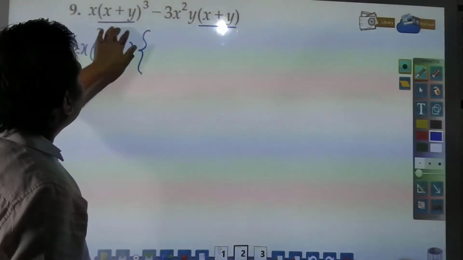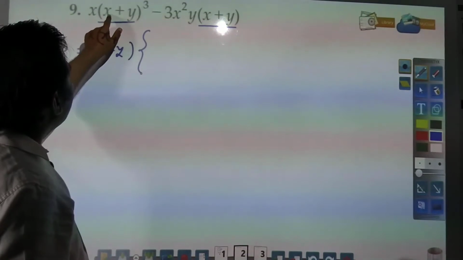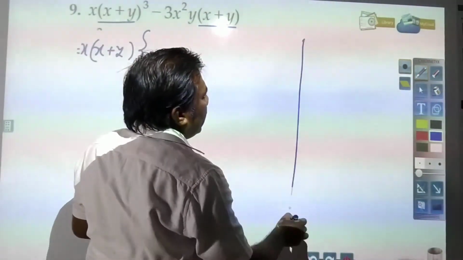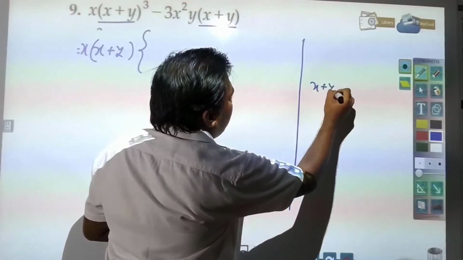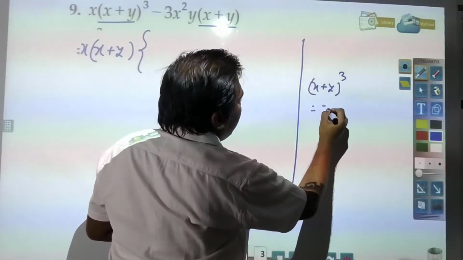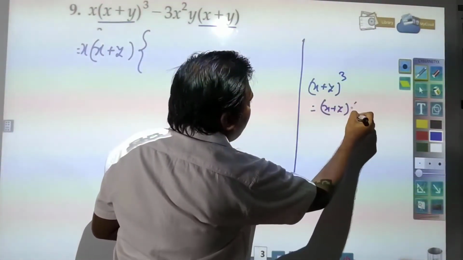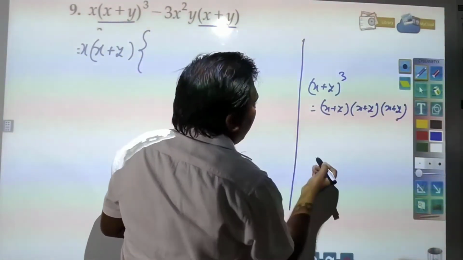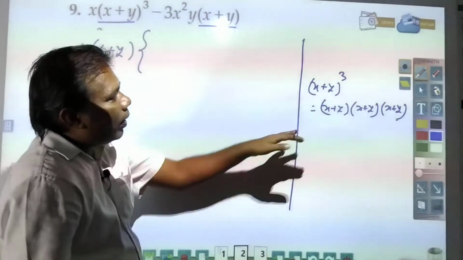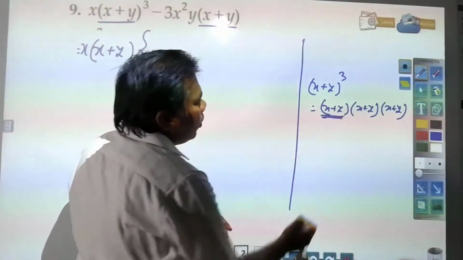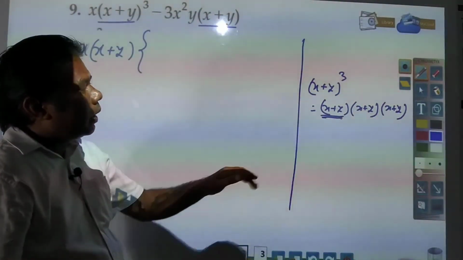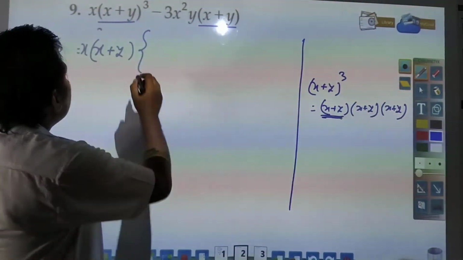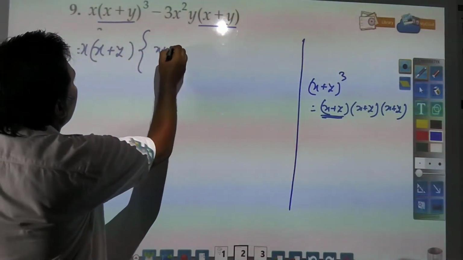Here in this term x has been taken out, x plus y cube you had, means x plus y into x plus y into x plus y. And if x plus y has been taken out, you are left with x plus y into x plus y. It means x plus y whole square.